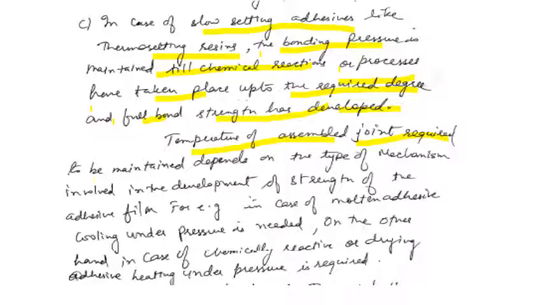Understood? So the temperature at which the assembling takes place over the surface using the adhesive depends on the type of mechanism involved in the development of the strength of the adhesive film. So the temperature of the assembled joint should be maintained because it depends on the type of mechanism or how you have applied the adhesive over the surface, and which kind of development we get.